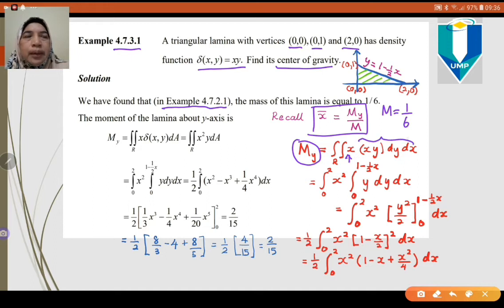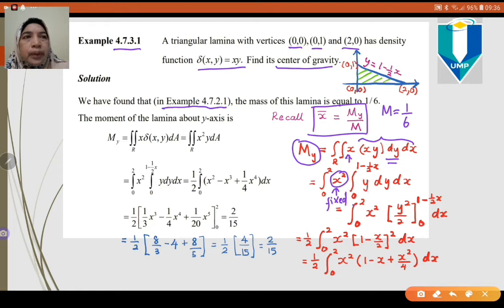Density times the area is the mass. So we multiply the x and x here to give x squared here. Since we integrate with respect to y, x squared is fixed, so we can put it outside the first integration.